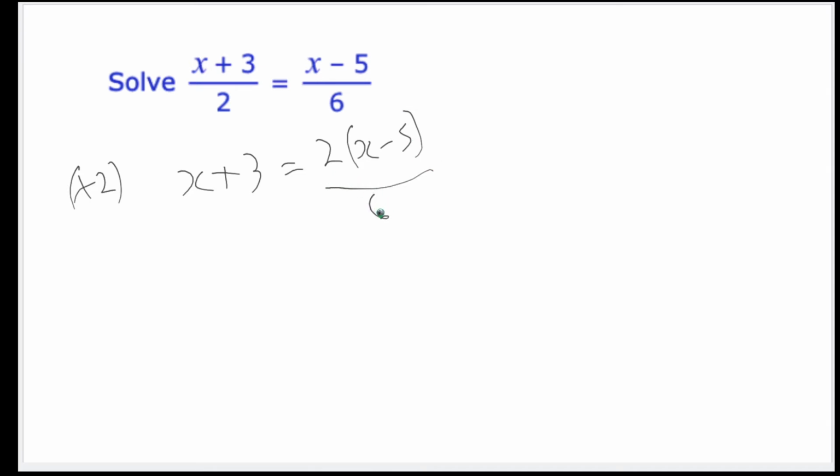Now in this one here, on the right hand side, we can actually simplify, because 2 over 6 simplifies to 1 over 3. And multiplying by 1 is not needed, so I don't really need to write that 1. But anyway, now I have to get rid of divide by 3. So I multiply both sides by 3. Remember, in the brackets.